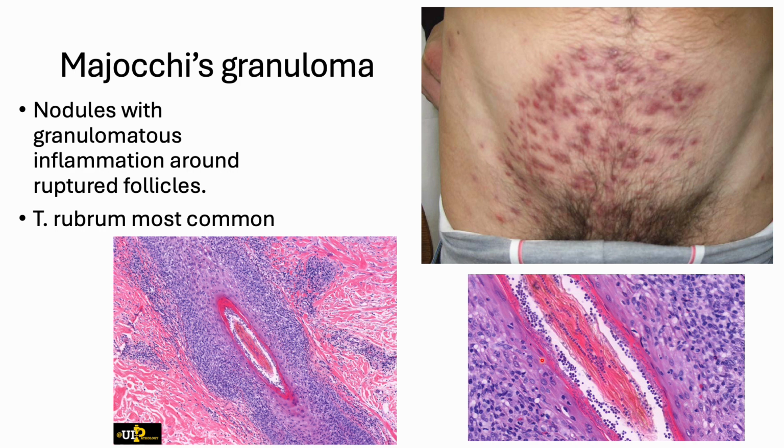If this is a hair follicle in the scalp, then the diagnosis should be tinea capitis, which is the tinea infection on the scalp. If this is infection in the non-scalp area, which is shown here, with many folliculitis-like little bumps in the hair covering area, we call it Majocchi's granuloma. And the most common organism is T. rubrum.